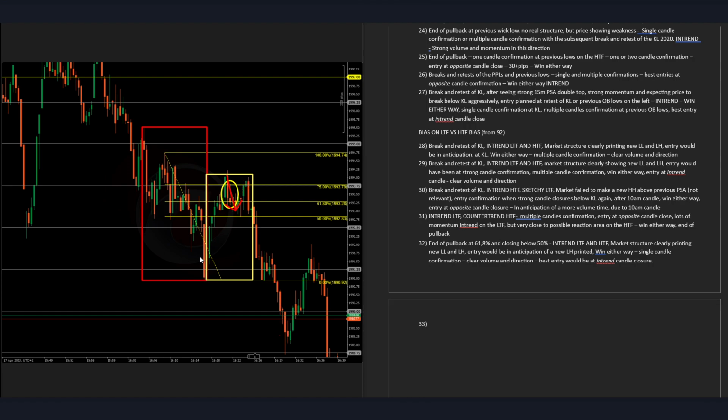The best entry will absolutely be at the candle close at 50%, entry at this bullish candle close. Furthermore, I highlighted this one, but it's quite messy. I don't like it. It's not a relevant PSA.